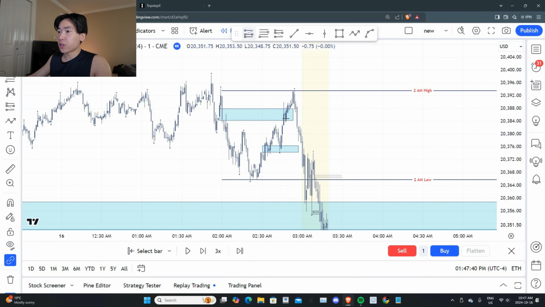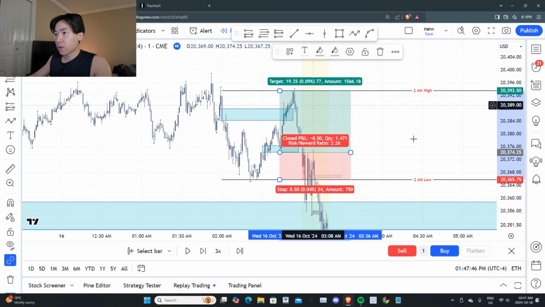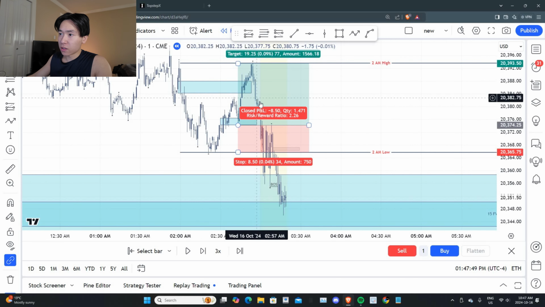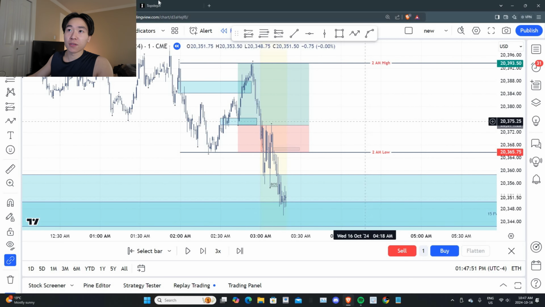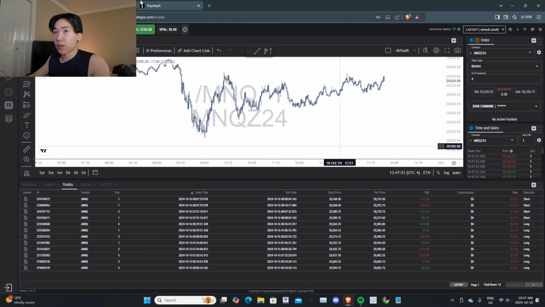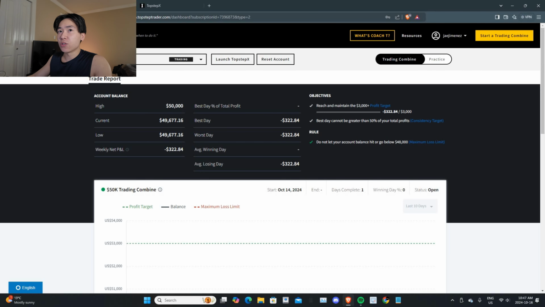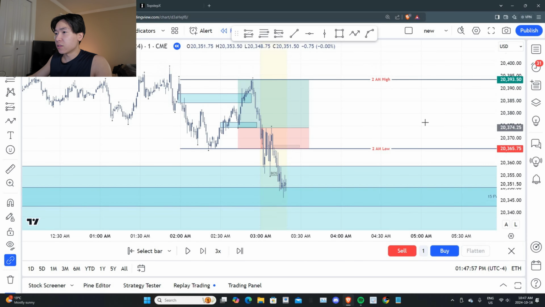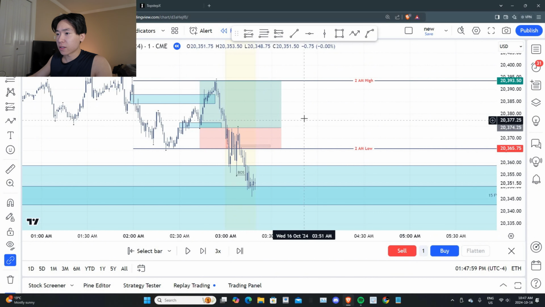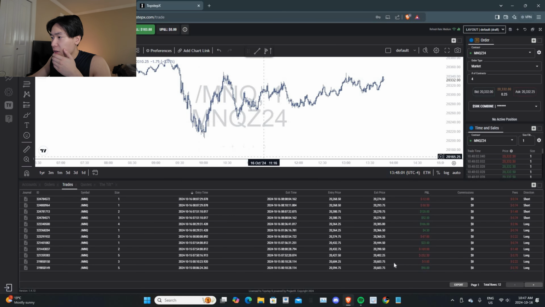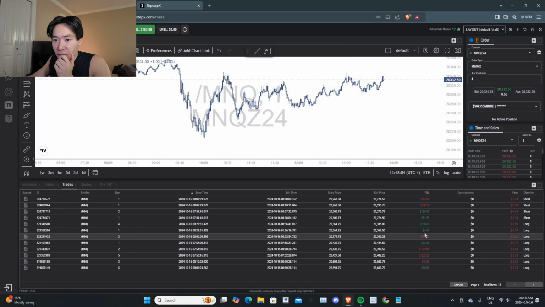So I ended up changing my bias to go long, something like this. As you can see, price quickly displaced lower, and we just got stopped out. We took a $87 loss. Honestly, that wasn't too bad. I think I did manage my risk on that one decently. Actually, how many contracts was that? Yeah, that was 3 contracts.